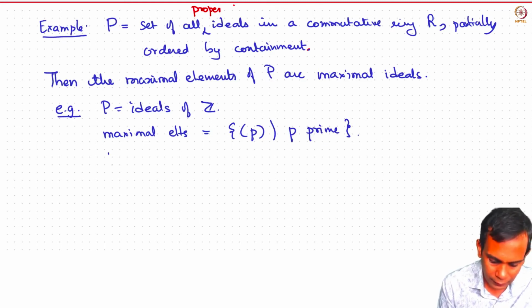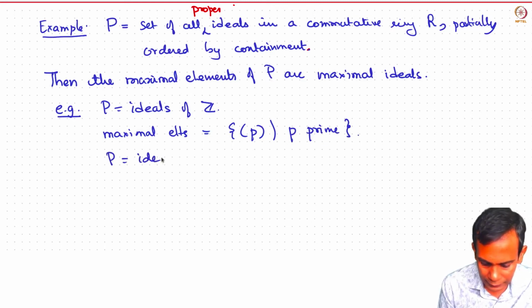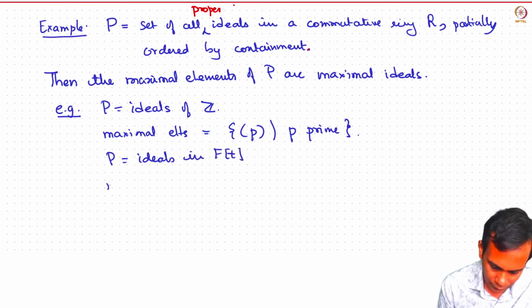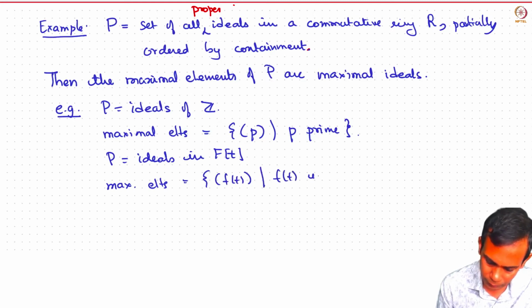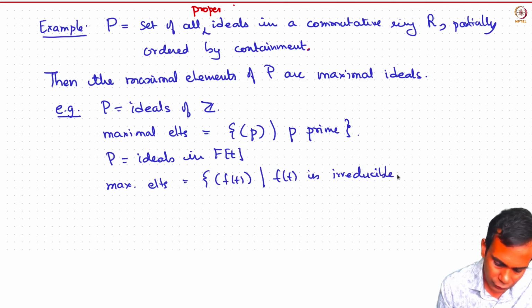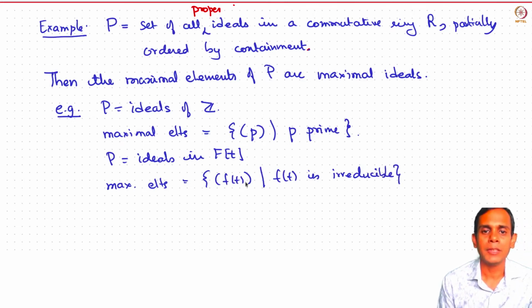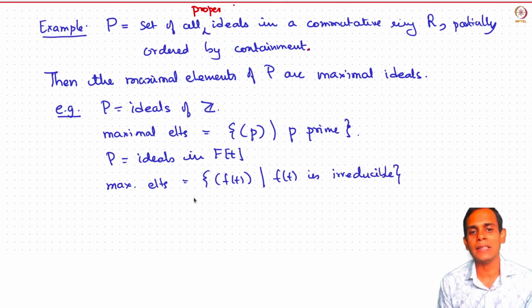And if I take P to be ideals in F[t], where F is a field, then maximal elements are generated by f(t), where f(t) is irreducible. This actually holds in any principal ideal domain. The maximal ideals of a principal ideal domain are ideals generated by irreducible elements.